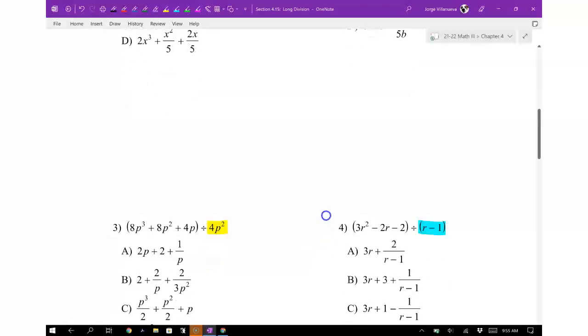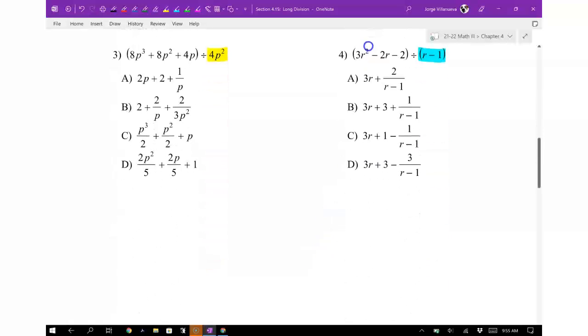Okay, so let's look at number 3. The trick to doing these problems is that you break it up. So I'm going to rewrite number 3 in a certain way here. 8p cubed plus 8p squared plus 4p divided by, notice how it says divided by right up there, 4p squared.